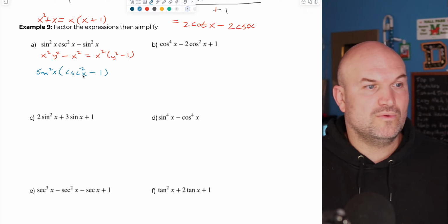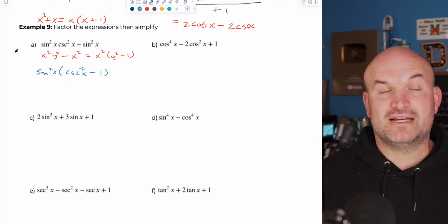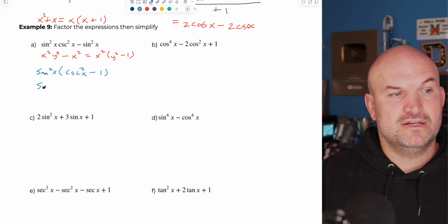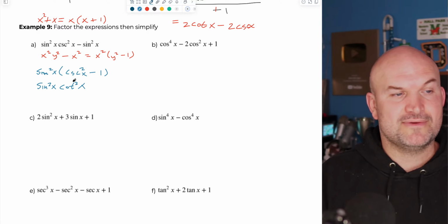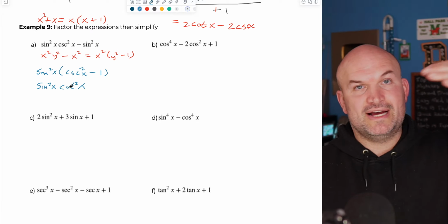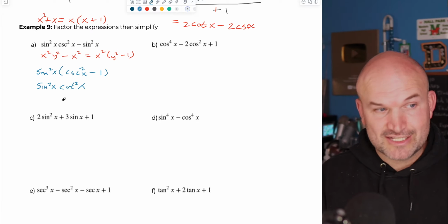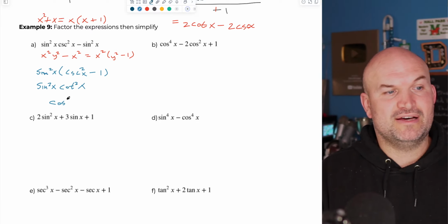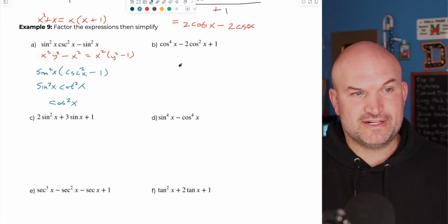Cosecant squared of x minus 1 can be written as cotangent squared of x. So I have sine squared of x times cotangent squared of x. Cotangent is cosine over sine, so the sines divide out, and I'm left with cosine squared of x.